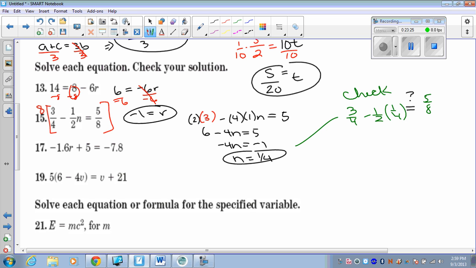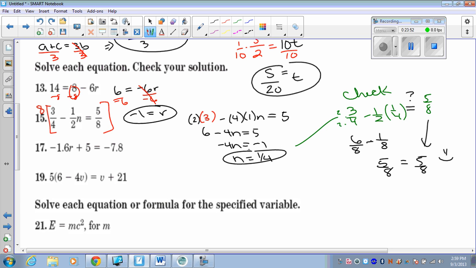Well, 3/4 minus 1/2 times 1/4 is going to be 1/8. Uh-oh, need a common denominator. So I'm going to change the 3/4 into 6/8. Multiply the top and the bottom by 2. 6/8 minus 1/8 is 5/8, which is what it was supposed to equal.